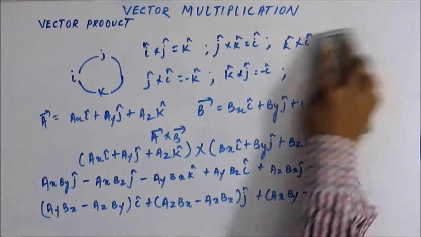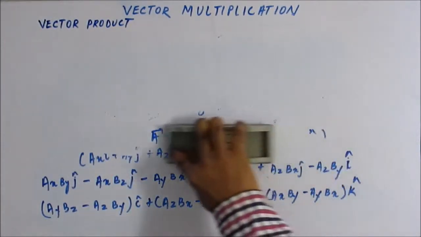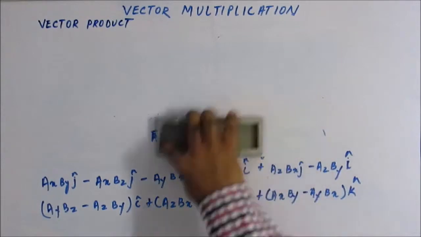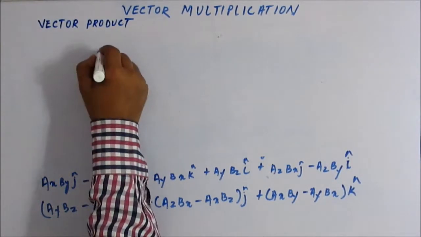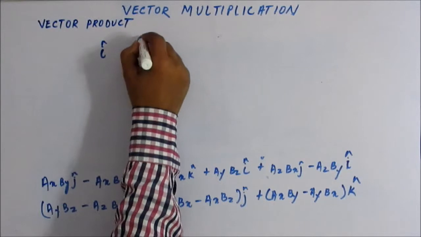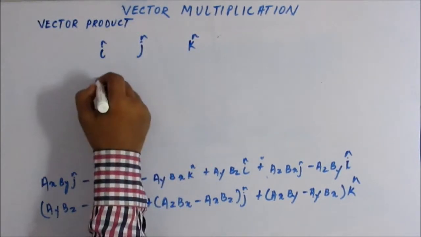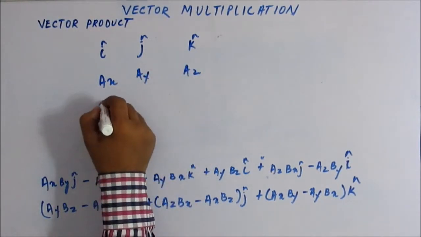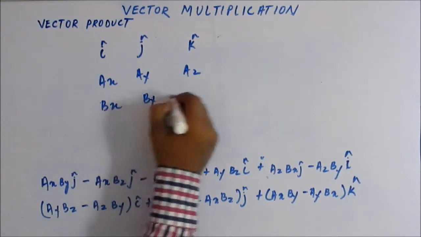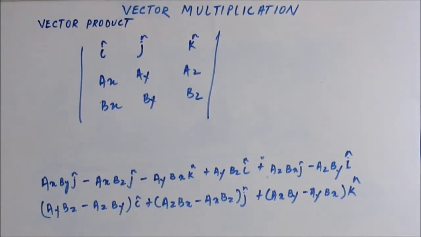So what we do is, we represent this expression in a different form. We don't want to remember this whole thing. This is called the determinant form of the vector.